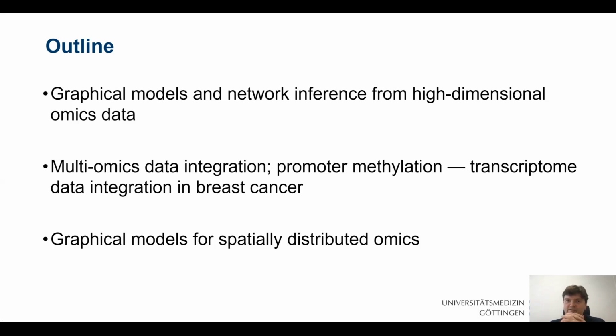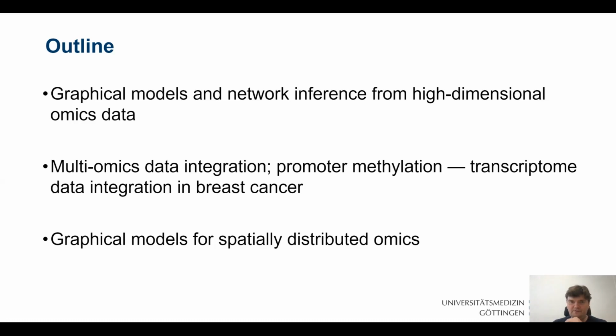So in mathematics, that's really a field where huge efforts were made in the last few years. And we are very interested in now using that knowledge to gain knowledge from multi-omics data or spatial transcriptomics data, for instance.